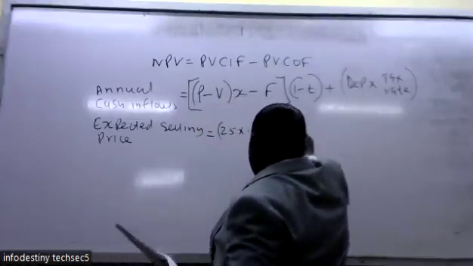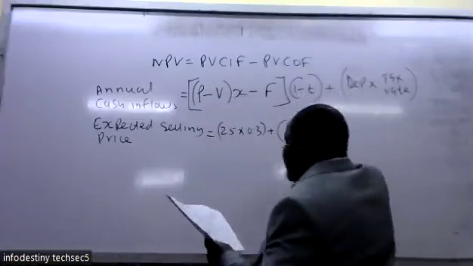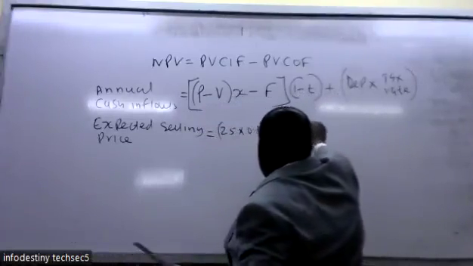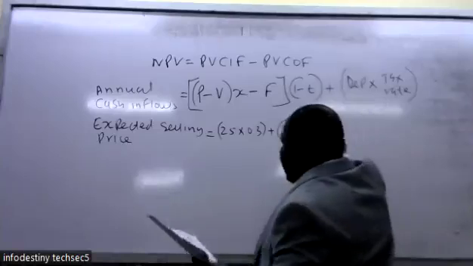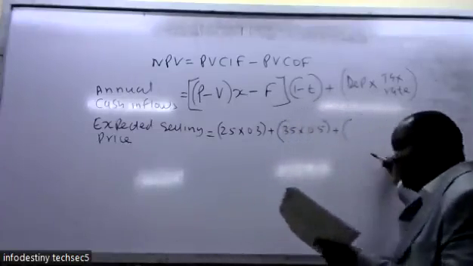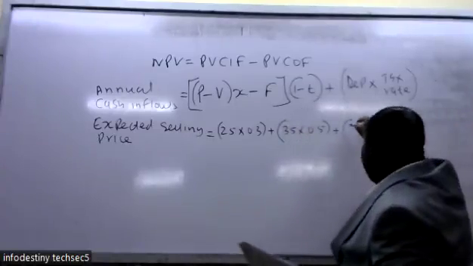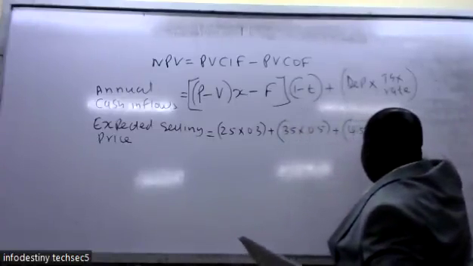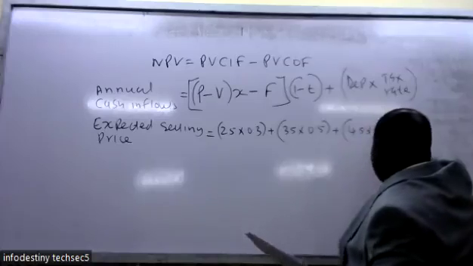Then we add 35, probability of it occurring is 0.5. The last one is 45, probability of it occurring is 0.2.